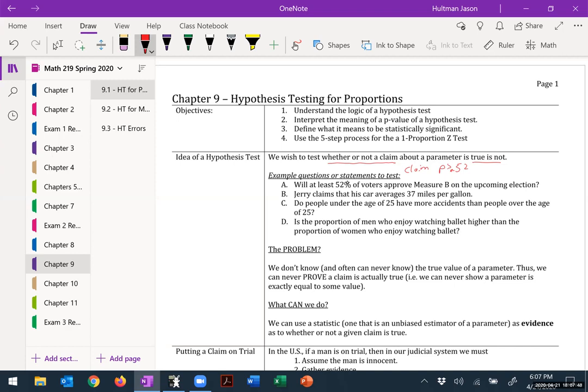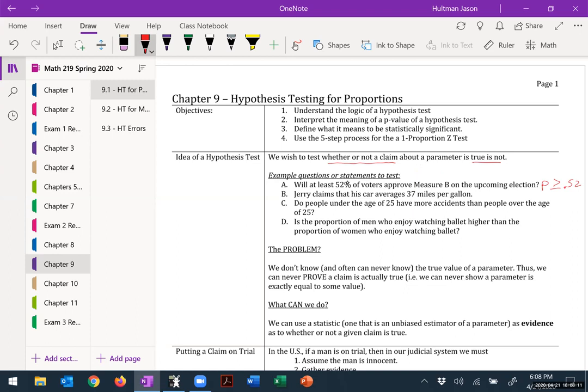We could also have a claim based on averages, in which case we'd have mu. Let me write out the claims here for A, B, C, and D. For part A, will at least 52% of the voters approve measure B? So the claim here is P is greater than or equal to 0.52.